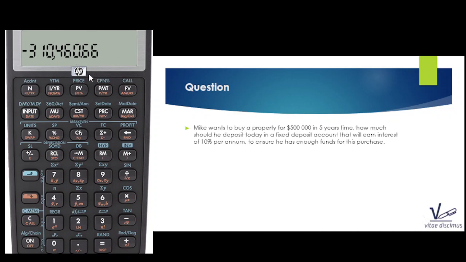But if you look at it in the context of inflows and outflows, right now the 310,000 is going to be an outflow. Then the 500,000 that comes in will be an inflow. So being given an answer of 310,000 as a negative is actually also correct because it's an outflow that you're going to deposit now.